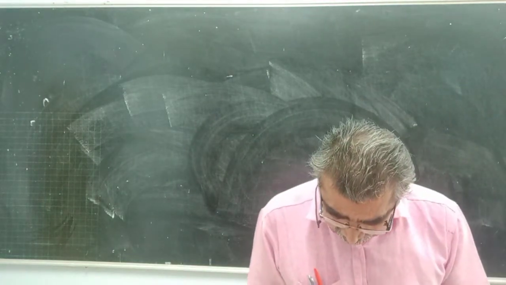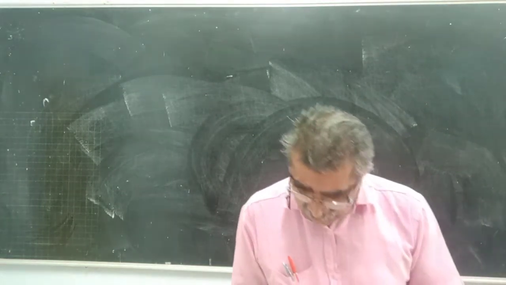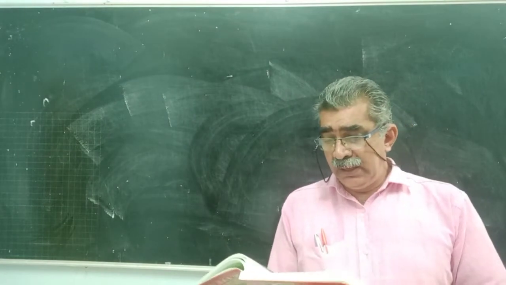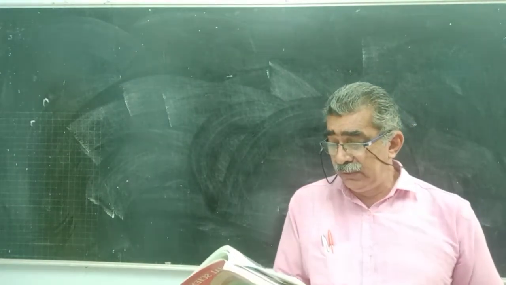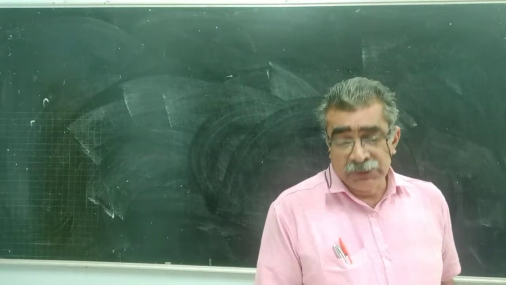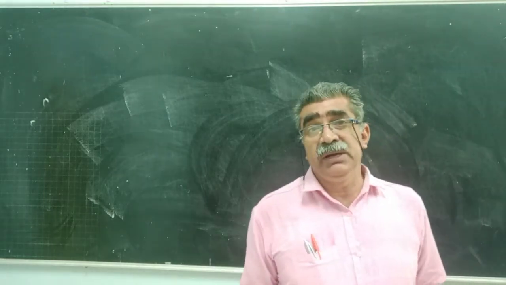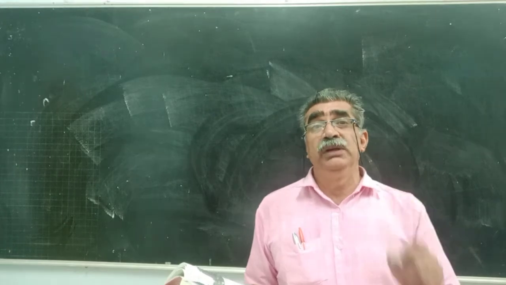Some of them are the Khajuraho Temple. You know the Khajuraho Temple. It is located in, you know where it is, Madhya Pradesh. It was constructed by the Chandela kings of Bundelkhand.